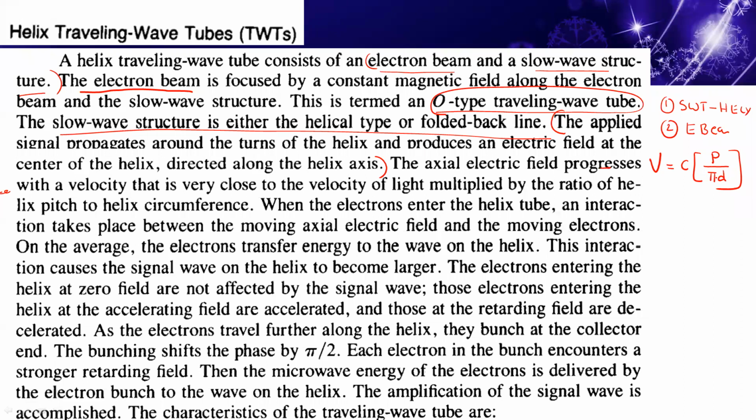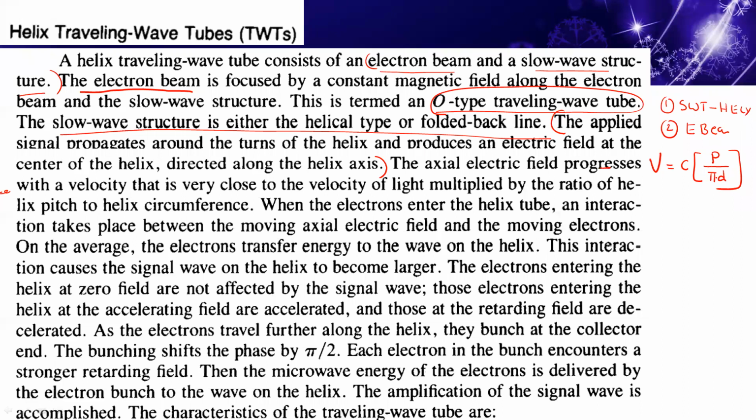There may be interaction between these electrons and the existing axial electrical field, along with the momentum of these electrons. Therefore, with the mutual coupling, there exists some transfer of energy. So the interaction of the signal along the helix becomes very close.